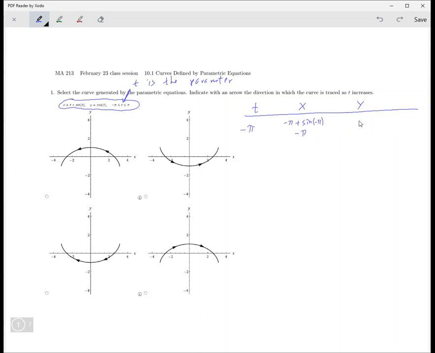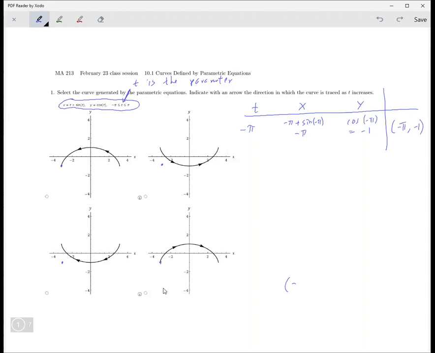Okay, and y is going to be cosine of negative pi, which was negative 1. Okay, so you have the point negative pi, negative 1 is a point on the graph. Okay, so if you go back to negative pi and negative 1, that's like right there.